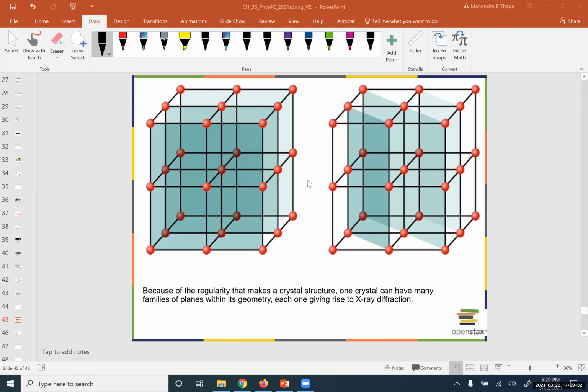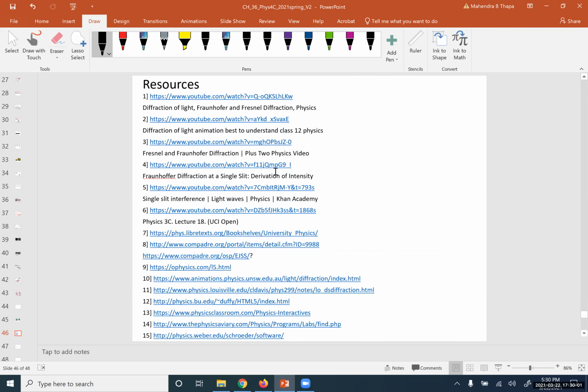This is just a picture to make a model of how in the atom, different atoms form the plane. For example, this one is one atomic plane. The distance between two atoms is basically the distance between the two planes. We are using this concept to find the interatomic distance between the atoms.